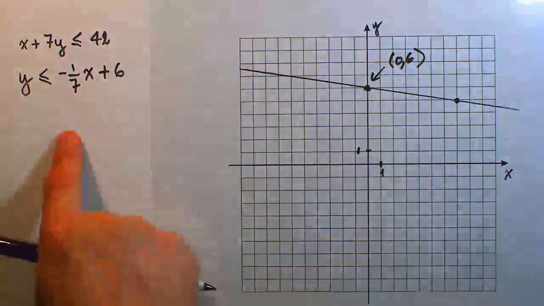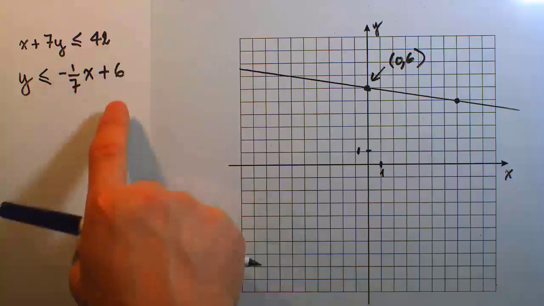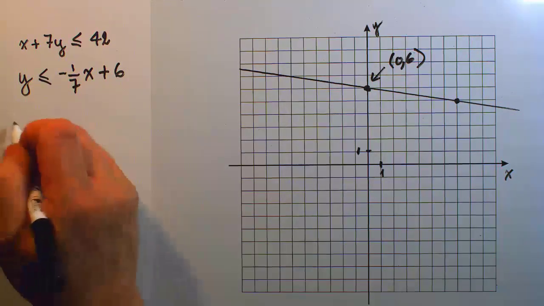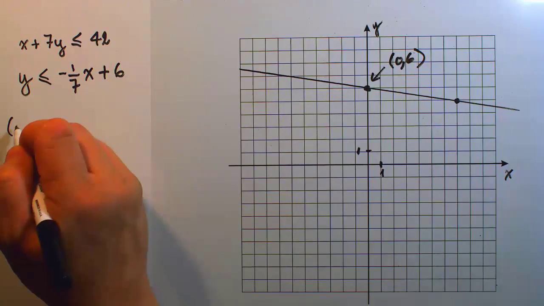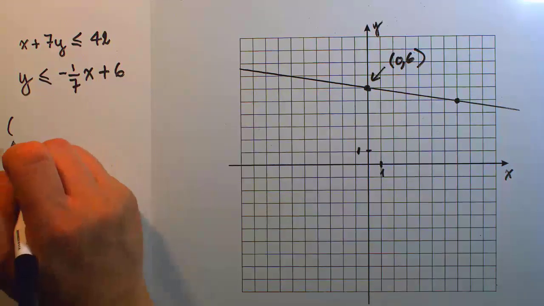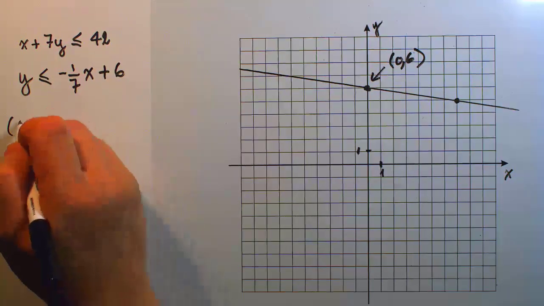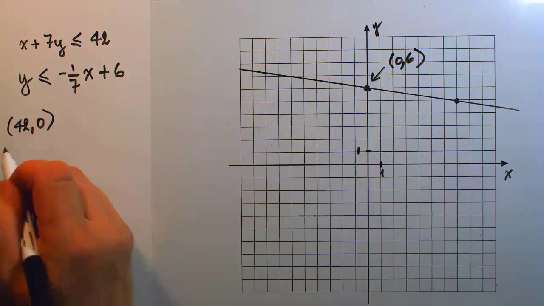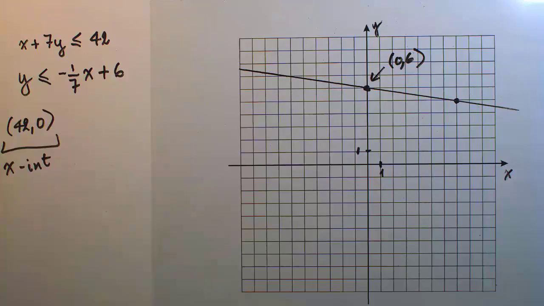This line has two intercepts. The x-intercept is at (42, 0), for this current line we just obtained.